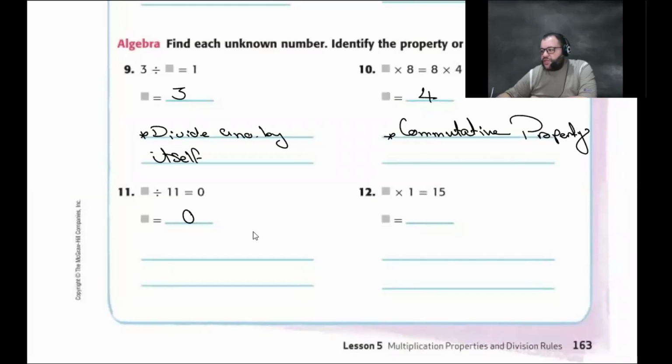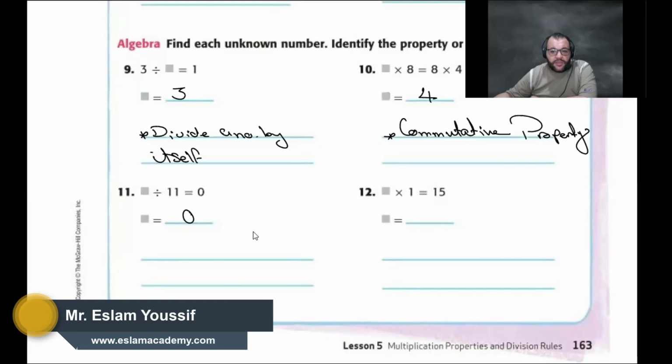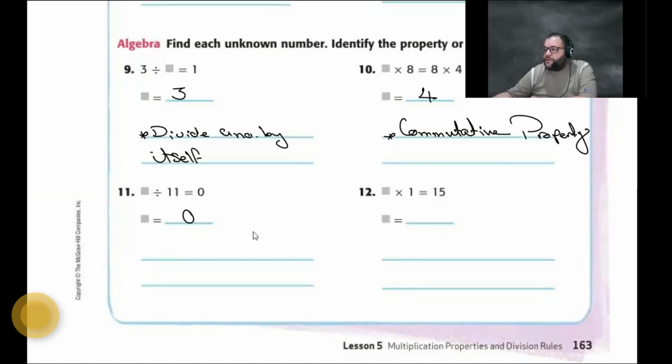What is the name of this property? Identity, no. Identity zero is if you use addition: 0 plus any number. Zero property in multiplication is if you multiply. That's called zero in division.